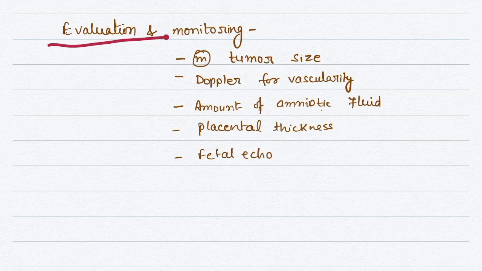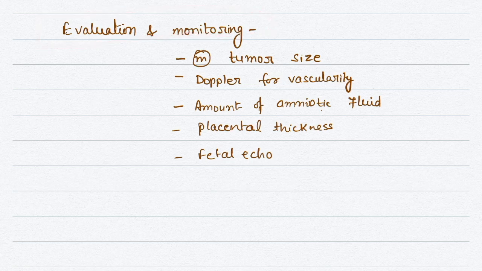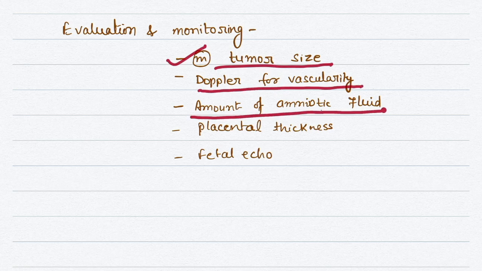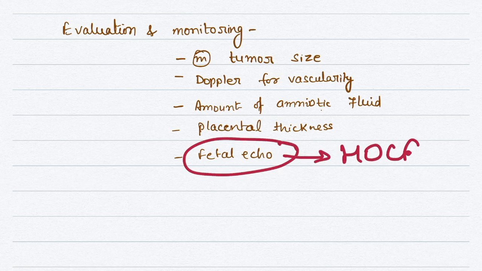Evaluation and monitoring of this sacrococcygeal teratoma during pregnancy is very important, and it includes measurement of the tumor size, Doppler for the vascularity of the tumor, amount of amniotic fluid, placental thickness, and fetal echo. Fetal echo is helpful for the detection of HOCF.